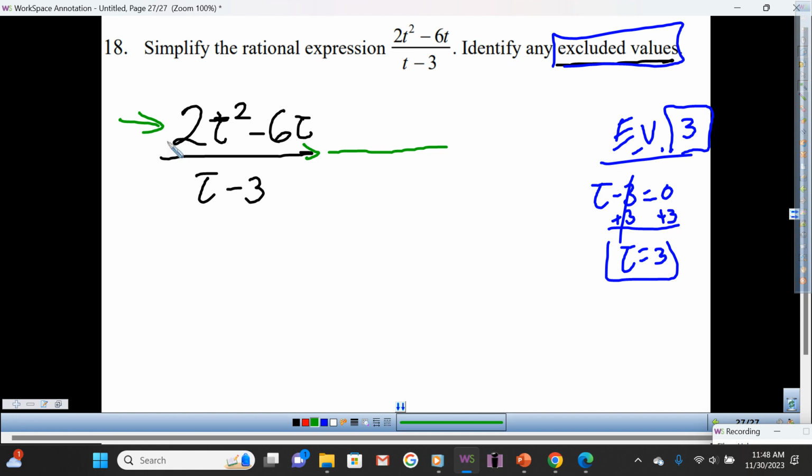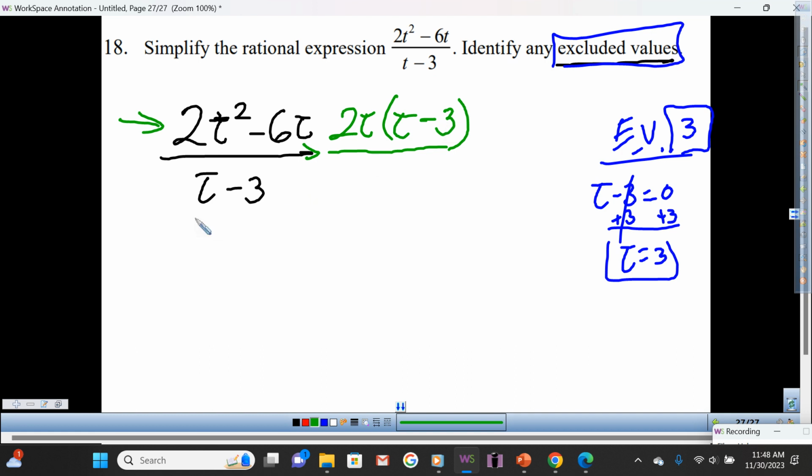Is it in standard form? Yes. What's GCF? 2t. Yes, 2t. So we took out 2t from here, and we're left with t. And then we got negative 6t divided by 2t is negative 3.